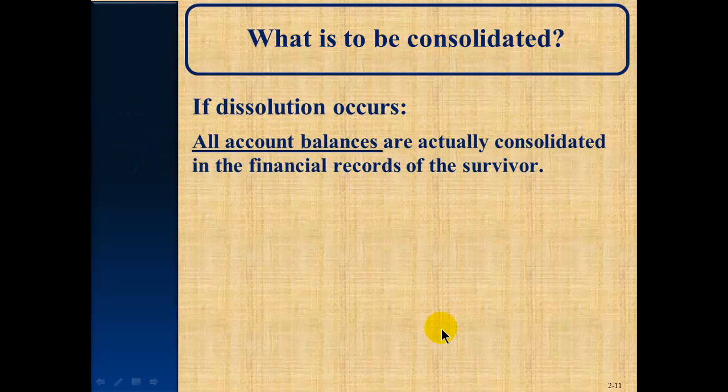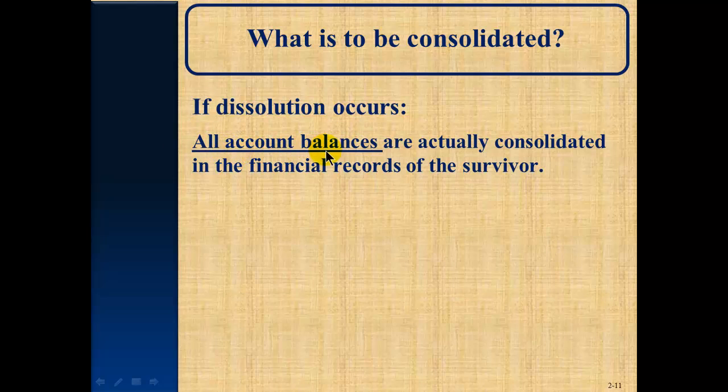So what is it that you consolidate? Well, you bring all the account balances together in the financial records of the survivor. Now, this is if dissolution occurs. Okay, so think about this. If that investee company, that what you're acquiring, no longer exists, then yes, I'm consolidating, but I'm doing it with one fell swoop journal entry, and I'm doing exactly what it says.